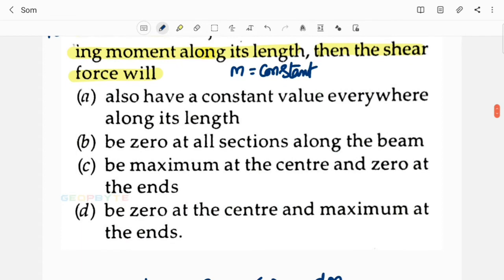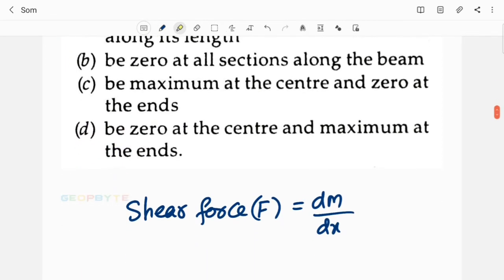But in this case, since the bending moment remains constant, differentiation of a constant is equal to how much? 0. Since differentiation of a constant is 0, the shear force will be 0 at any section of the beam.